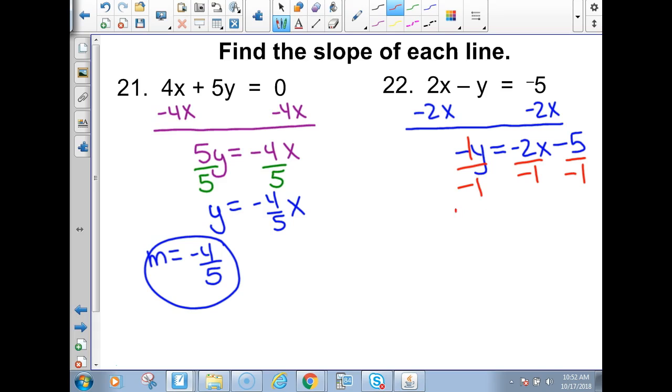All right, so now I've got positive y equals -2 divided by -1 would be +2, so I have 2x. -5 divided by -1 would be +5. All right, now I can see my slope. m is 2. Not 2x, just 2.